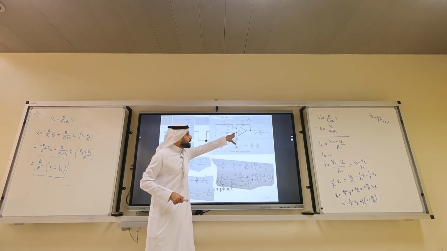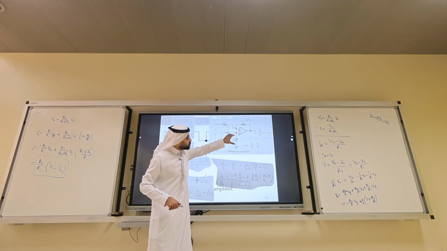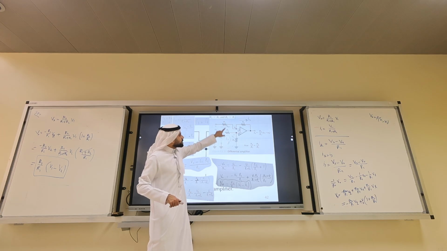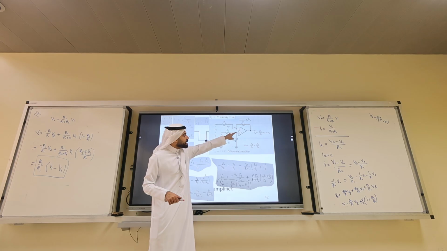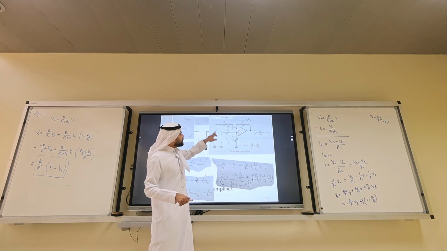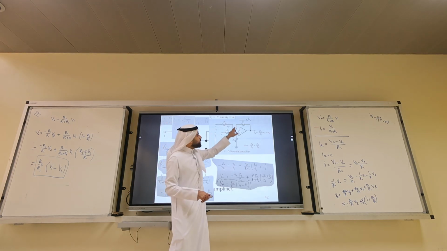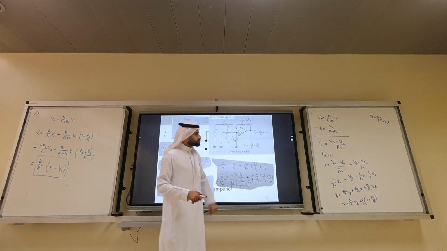Do we have a ground here at the positive input? No, we don't. What do we have here? We have R2, so R4 is R2, R3 is R1, so we have R2 over R1 plus R2 times V1 appearing here. We also said I2 is V2 minus Vx over R1 equals Vx minus Vo over R2.